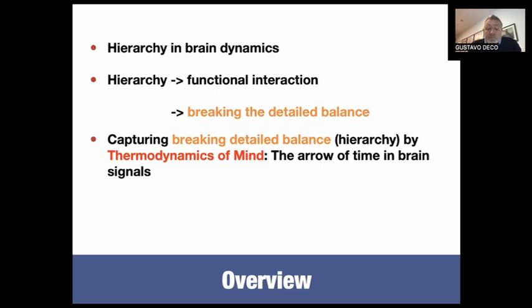So the idea is to capture the breaking of the detailed balance, in other words a hierarchy, by using thermodynamic tricks. This is what we call the thermodynamics of mind. It's a very simple idea, basically based on the fact that capturing the arrow of time indirectly tells us something about how much the underlying functional balance is broken.